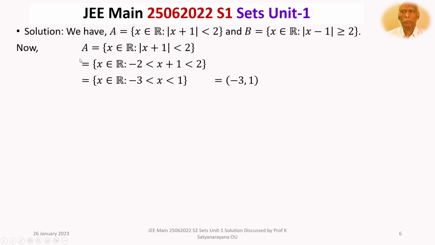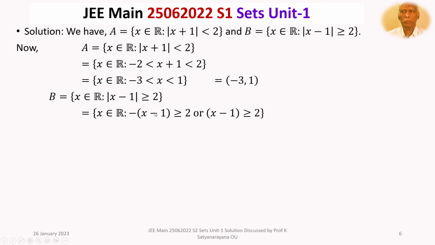That is A. Now B is the set of all x belongs to R such that modulus of x minus 1 is greater than or equal to 2. Removing the mod, we write minus of x minus 1 greater than or equal to 2, and plus of x minus 1 greater than or equal to 2.